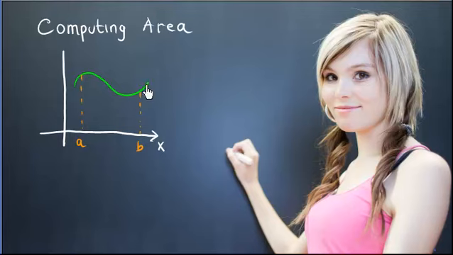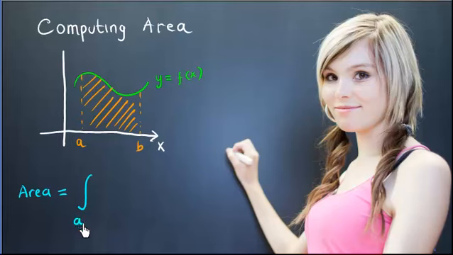Suppose this graph is the graph of the equation y equals f of x. Okay. Then we know that the area under the curve is given by, so area is integral from a to b f of x dx.